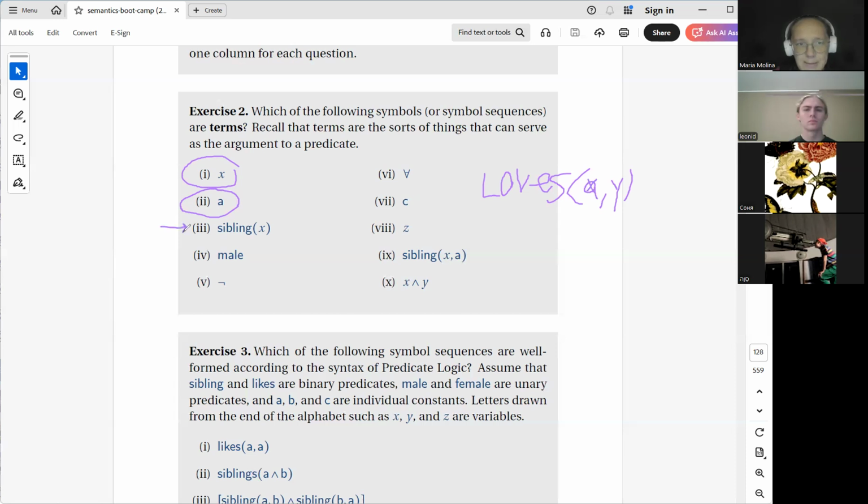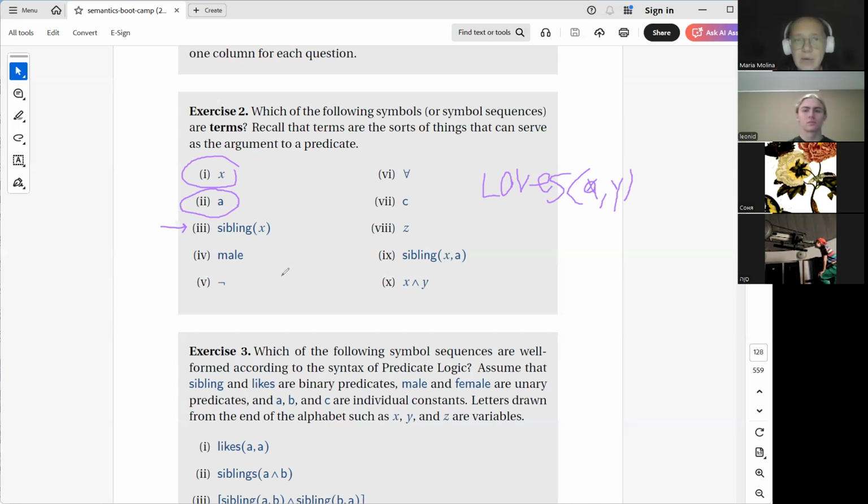This one should be tricky. I don't think so. Sonia, what do you think? Sibling is a predicate. So, it's a formula. Predicate is sibling. Sibling X is a formula that combines predicate and its argument, right?